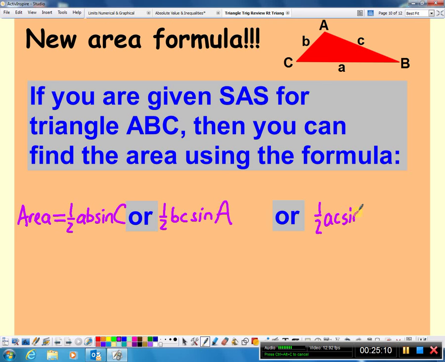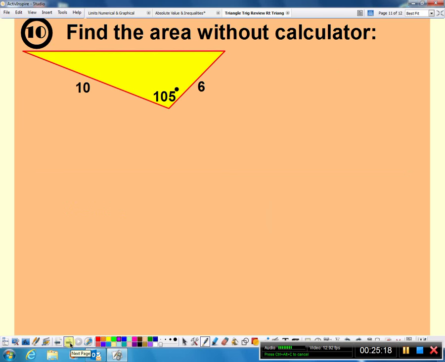All right, so we'll do this last problem without a calculator and go from here. So I'm going to say on this one, since I've got side angle side, I can go straight to area equals 1/2. The two sides I have are 10 and 6 times the sine of the included angle, which is 105.